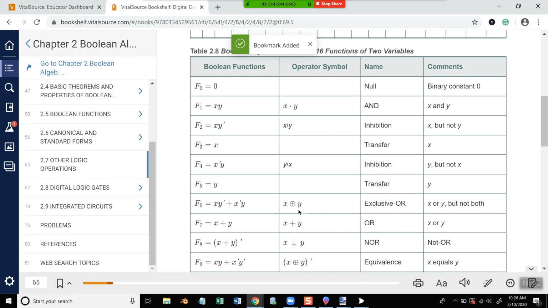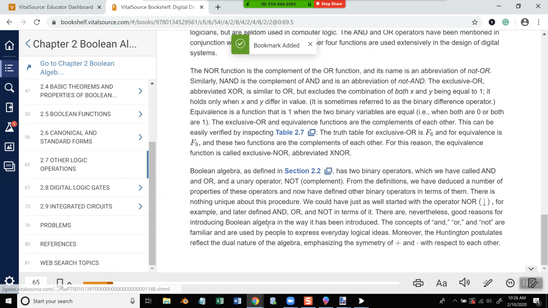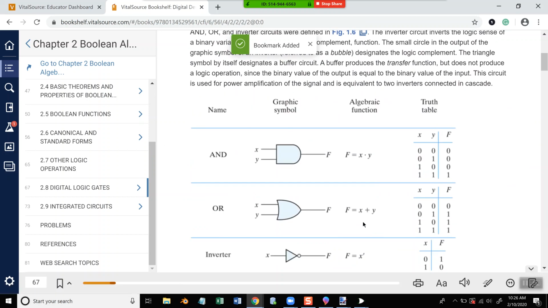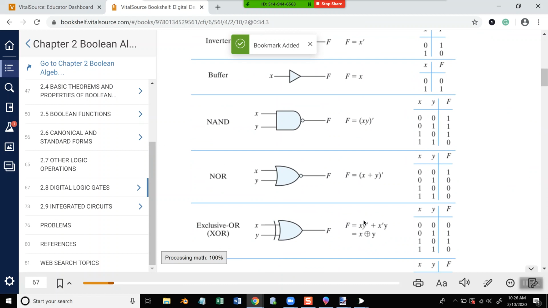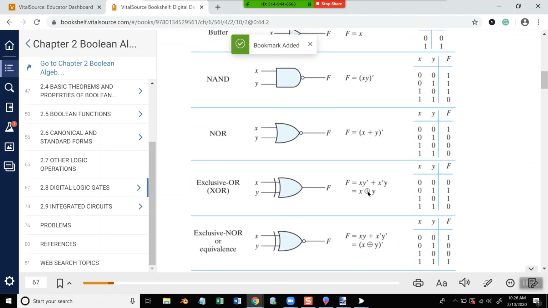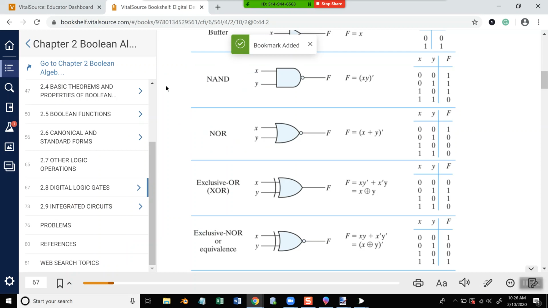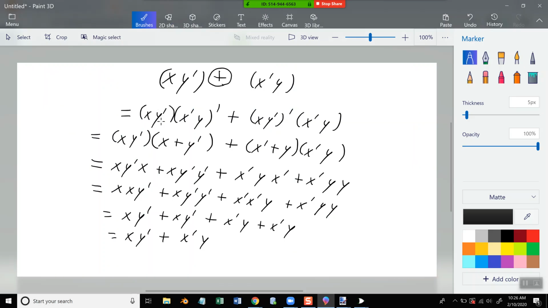Exclusive OR. Let's look at symbols again. First carries down, prime the second one. Prime the first one, second one carries down. So that says prime the second one.